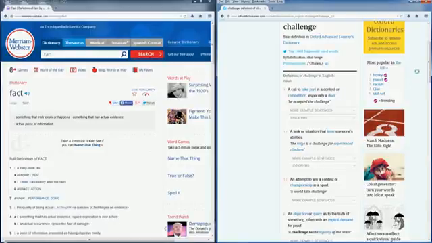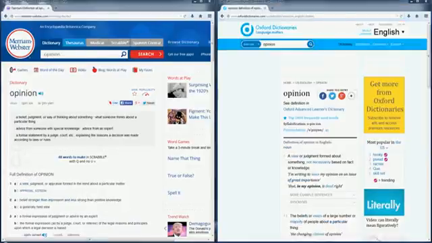Which brings me to the next definition that I'm going to pull up, which is the word opinion. Here in the Merriam-Webster's on the left side of the screen, we say a belief, judgment, or way of thinking about something, what someone thinks about a particular thing, advice from someone with special knowledge, advice from an expert, a formal statement by a judge, court, etc., explaining the reasons for a decision that was made according to the laws or rules.